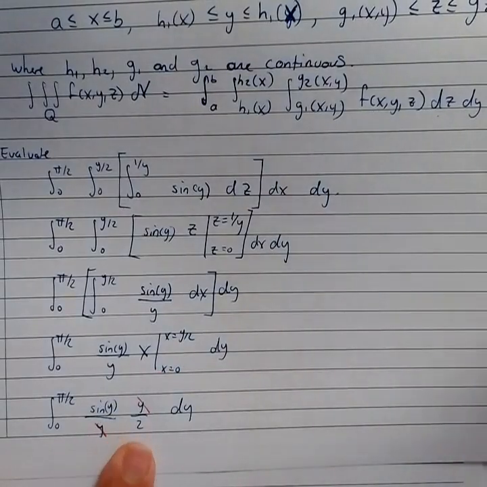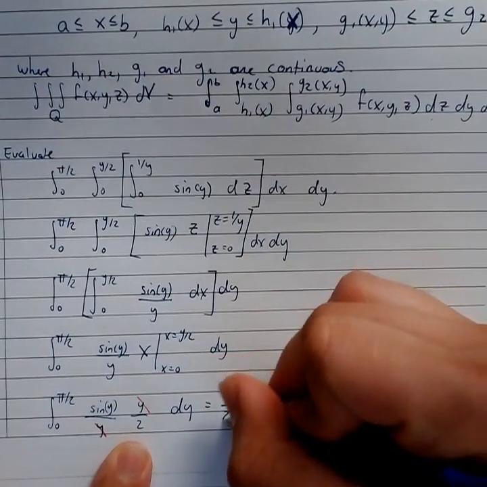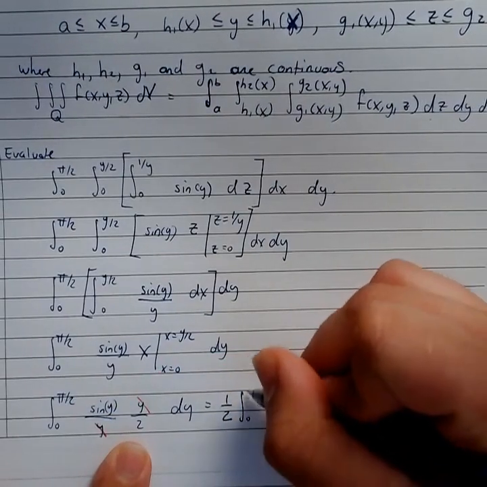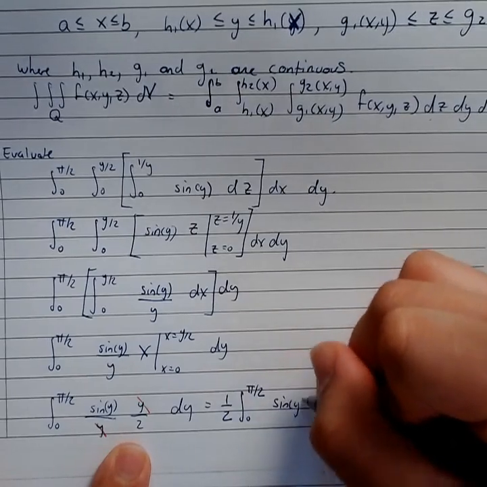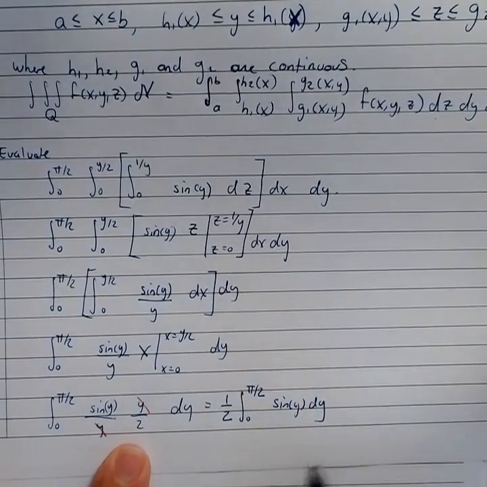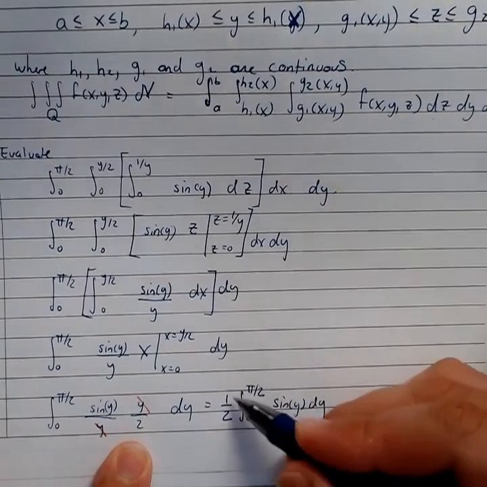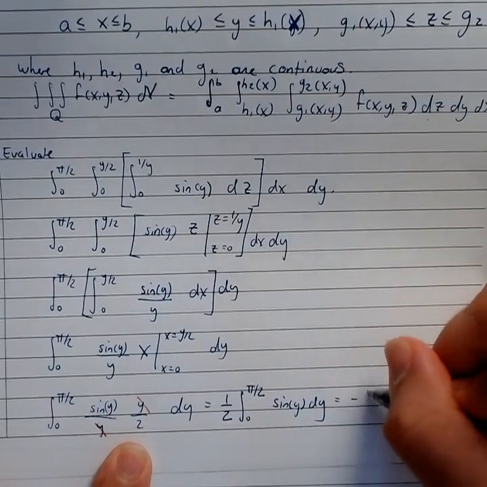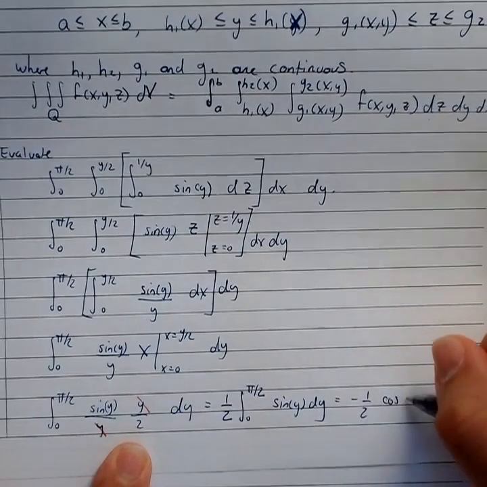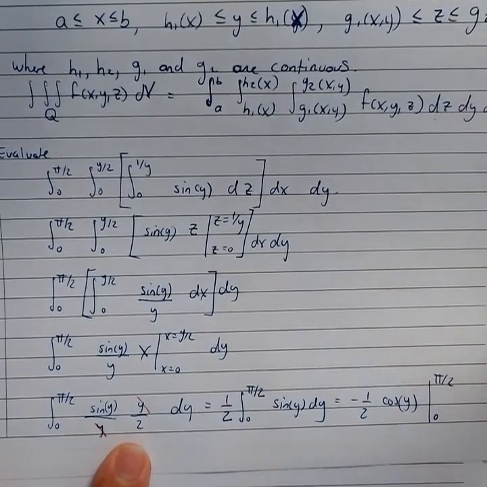Here that's a constant, 1/2, so I can go ahead and pull that out. So that'll give me 1/2 the integral from 0 to pi over 2 of the sine of y dy. And that's a nice antiderivative to take. That's simply negative the cosine of y. Now we have a 1/2 out here, so we can write this as negative 1/2 the cosine of y evaluated from 0 up to pi over 2.